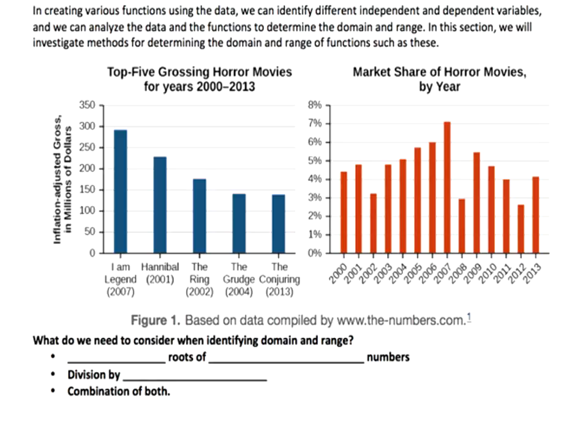So your domain for the top 5 grossing horror movies would actually be the set of points that comprises the year.